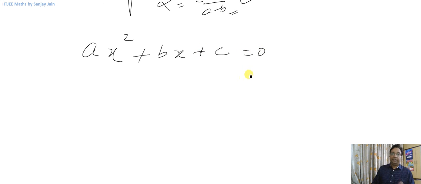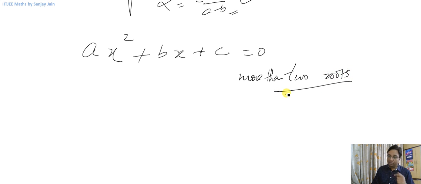One more thing in quadratic equations that you have to keep in mind: if ax square plus bx plus c is given, and it is said that it has got more than two roots, we have talked about this in polynomials also, that if the highest power of x is 2, it will always have two roots, right?